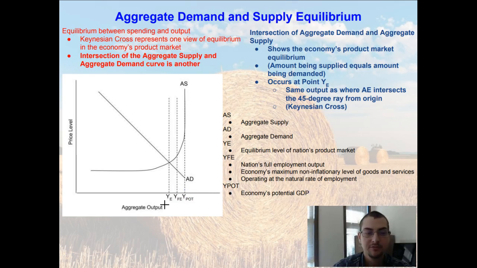So the things to remember off this graph: this might be the nation's equilibrium, and this is the nation's full employment. What it's saying right here is we could actually increase the equilibrium. If the aggregate demand would increase, then we could actually hire more people. But once you get to this point, the nation is at full employment, and everybody that wants to work is working.